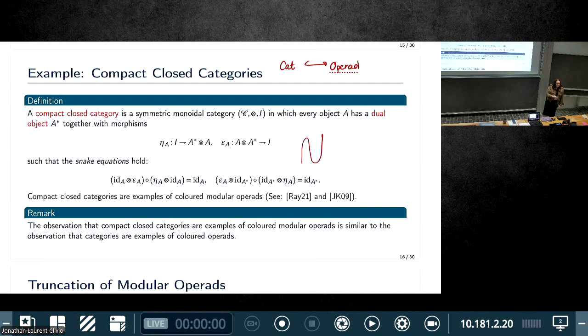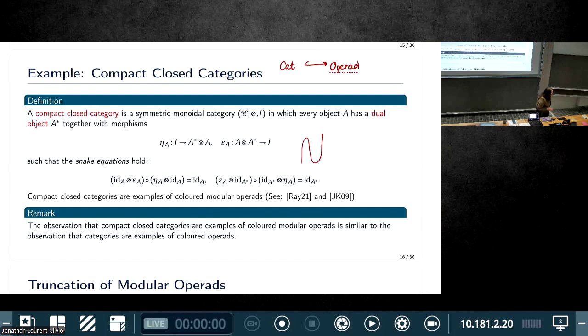The analog for these colored modular operads, as far as I know, is compact closed categories. This is an example in this paper by Sophie Raynor, and I don't know if it's explicitly spelled out, but it's kind of implied in the paper by Joachim and Joel.